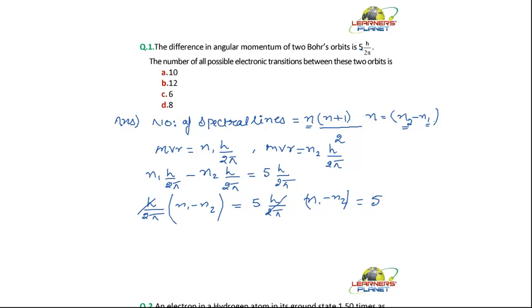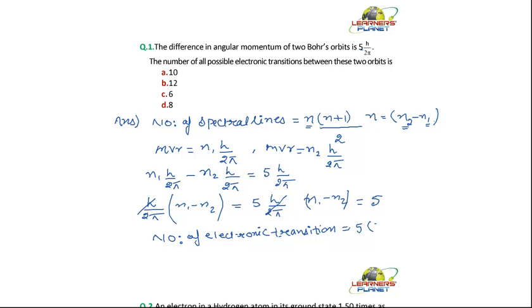Now what you need to calculate? You need to calculate the number of electronic transitions or the number of spectral lines. So the number of electronic transitions will be equal to what?